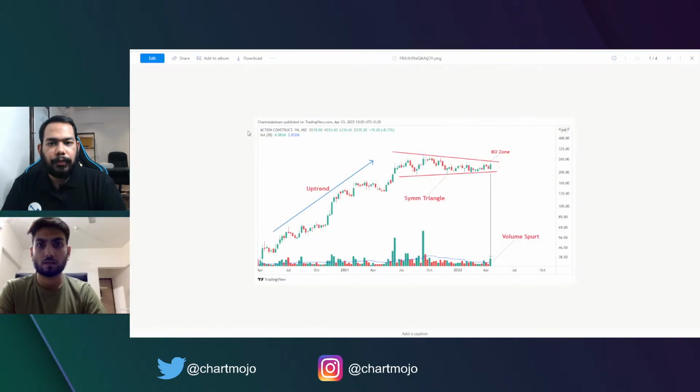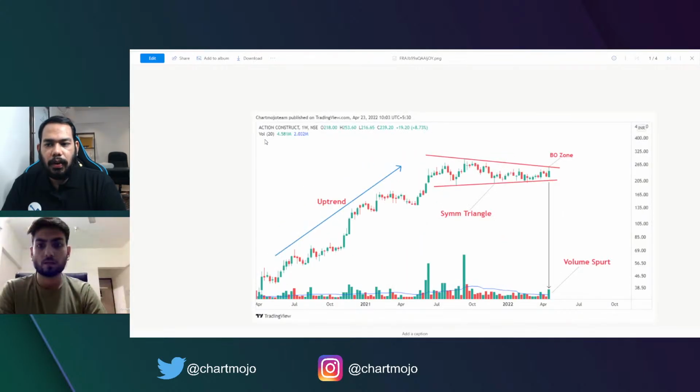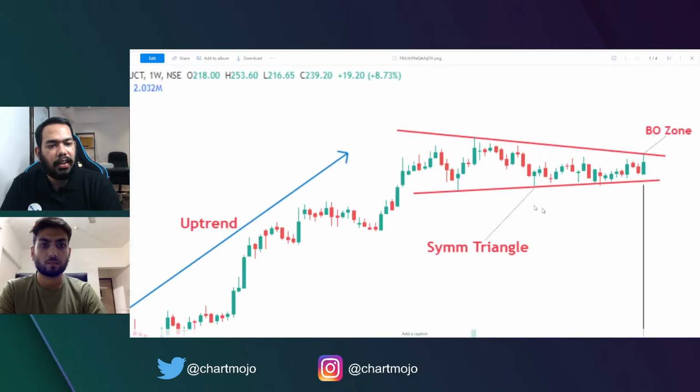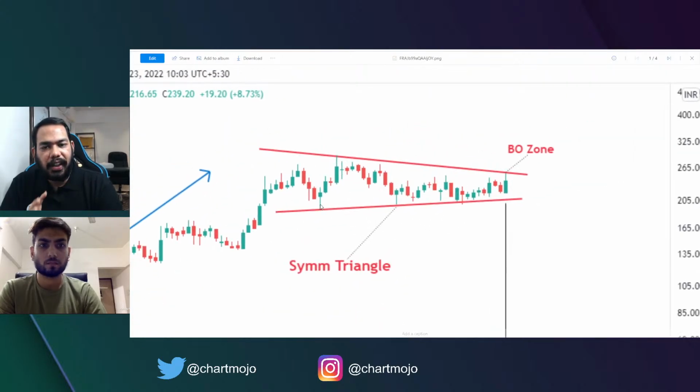So let's go through. You can also know the reason why Sunil has selected this. First of all, we will talk about Action Construction. This is a weekly chart, and you can see a nice uptrend forming. You can see an ascending triangle working, a flag pattern, and a symmetrical triangle forming up, and we can confirm its breakout when the counter goes above 260 level.